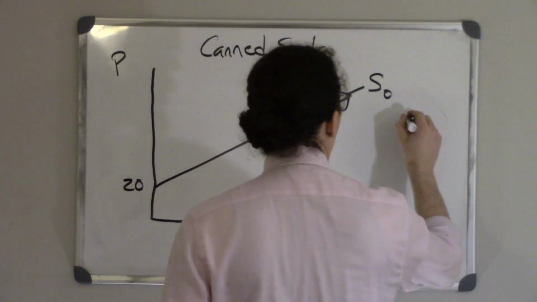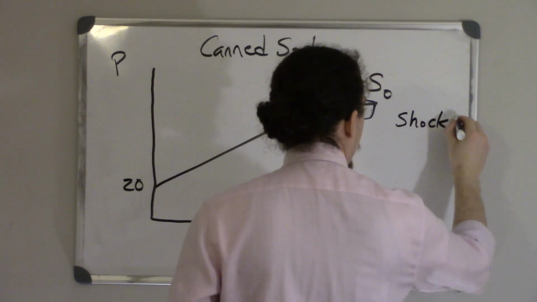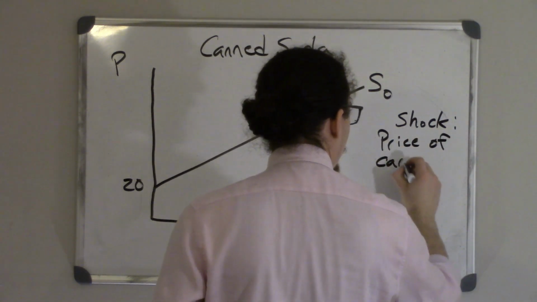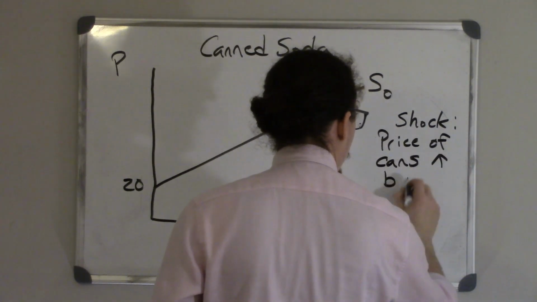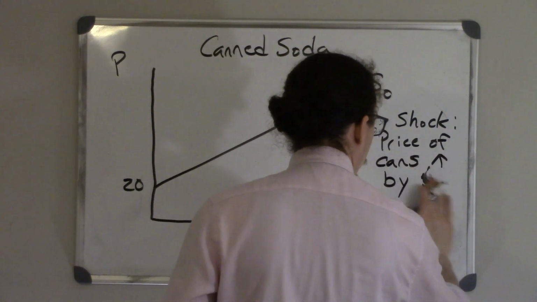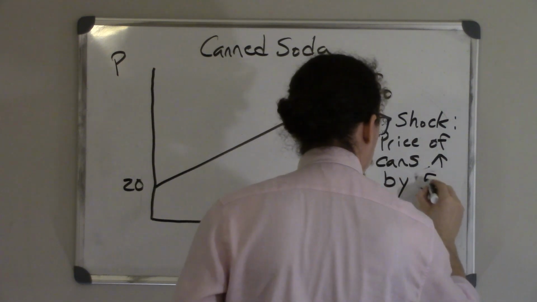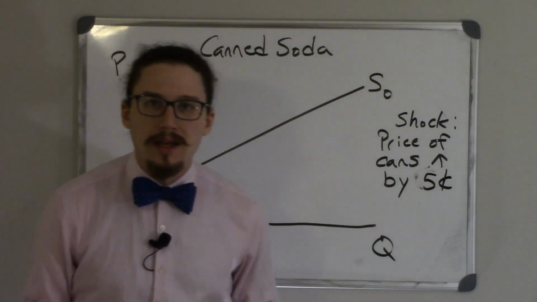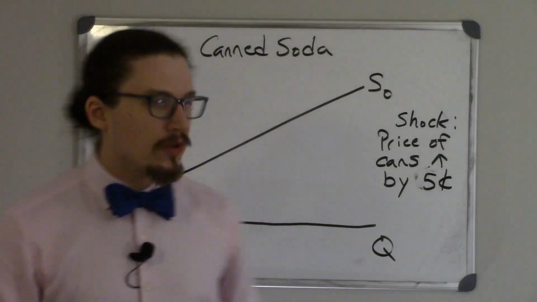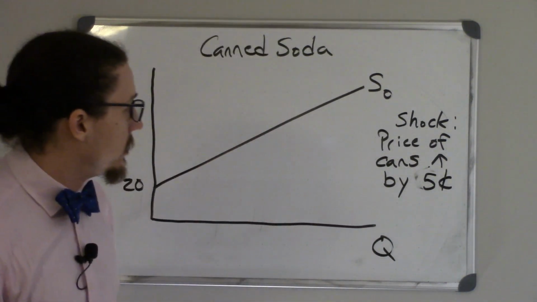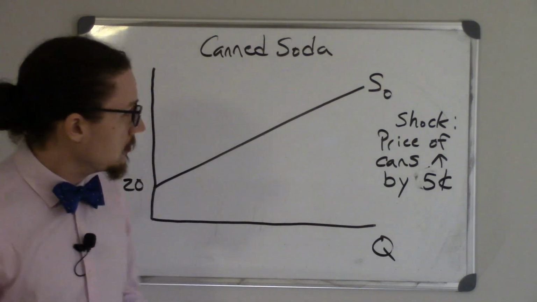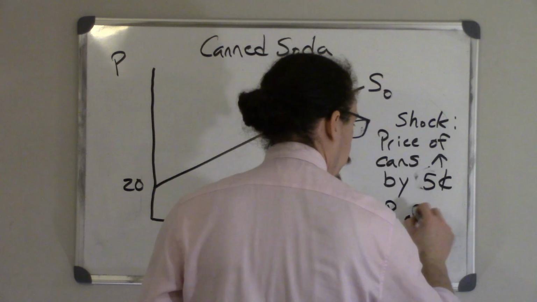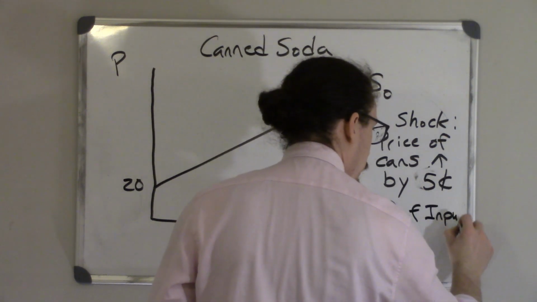All right, so let's say that our shock is that the price of the aluminum cans that the soda is going into increases by 5 cents. So this would be the price of inputs.